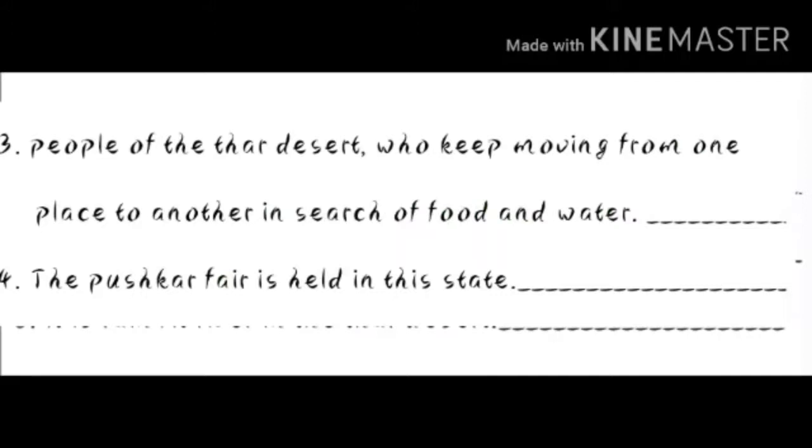Third one. People of the Thar Desert who keep moving from one place to another in search of food and water. Some people travel from one place to another in search of food for themselves and their animals.